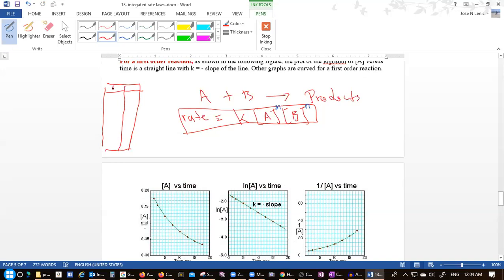Experiment number 1, trials, and here concentration of A against time. So first experiment, second, and so on and so forth.